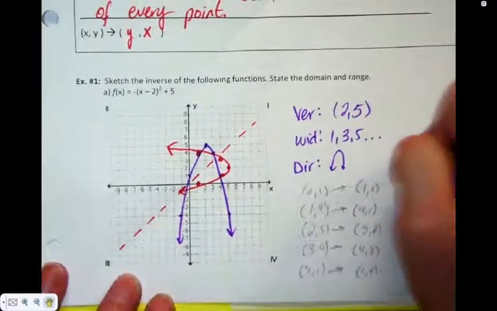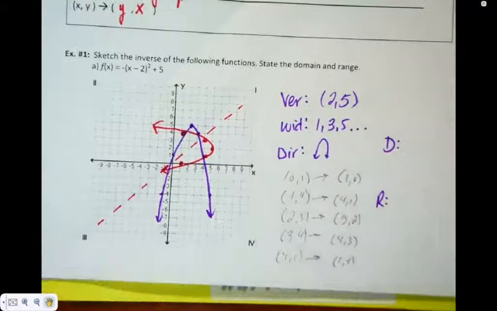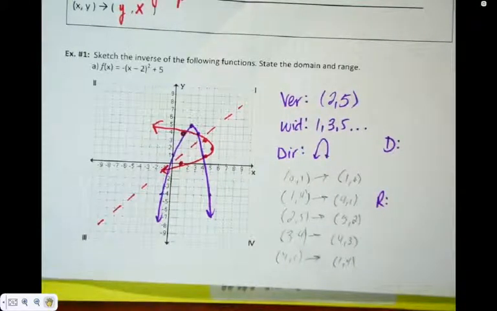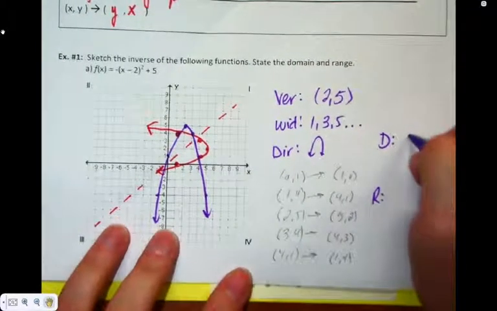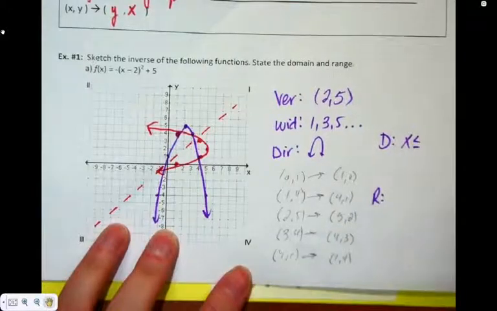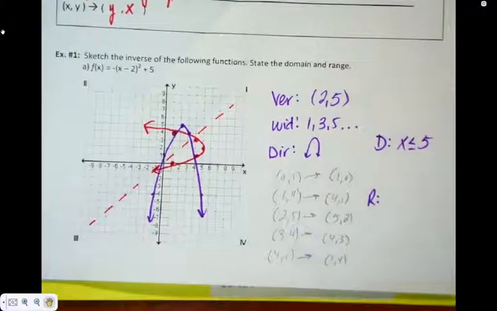Domain and range. So remember last year when I was like, parabolas only go up or down, except next year when I lie to you, that's when they can go side to side. So if it's an inverse of a regular parabola, they go left and right. I heard very quietly, x is less than or equal to 5. Confirm.